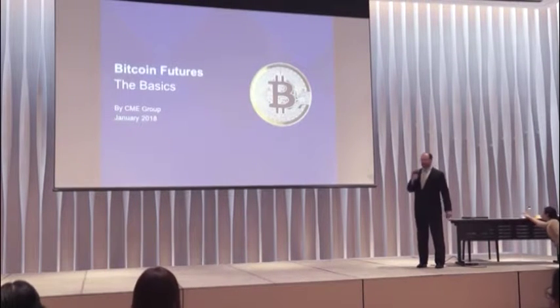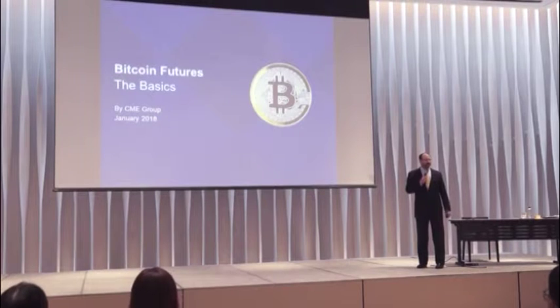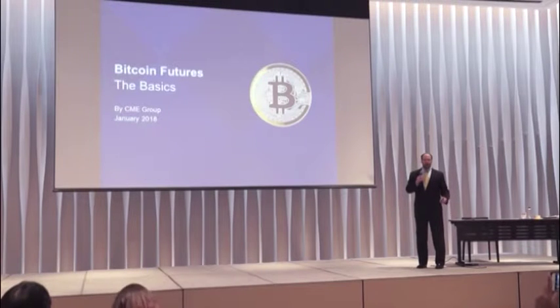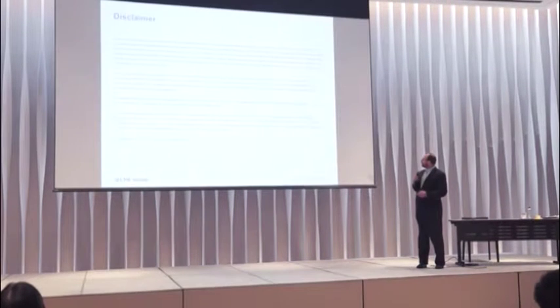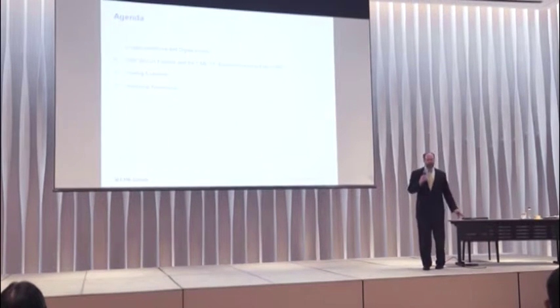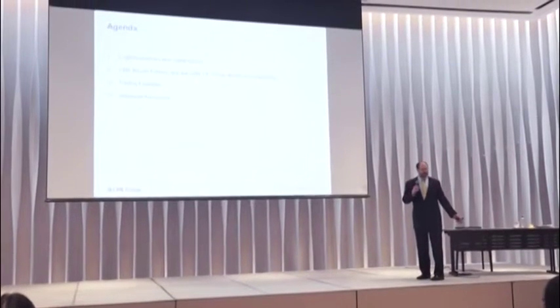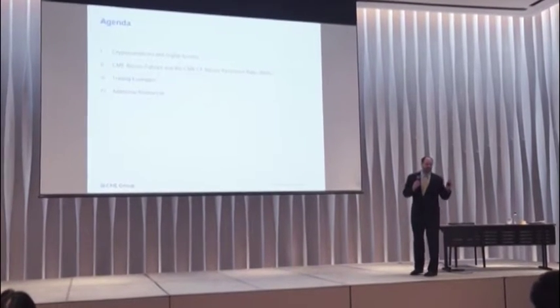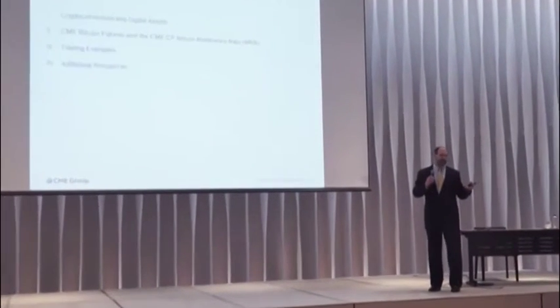You can see by the title of my presentation, I'm going to be discussing the newly launched Bitcoin futures. We're going to start by speaking in general terms about cryptocurrencies and other digital assets, and then gradually work ourselves down into the index that CME helped create called the Bitcoin reference rate, on which this futures contract is designed, and then give a couple of very general trading examples of how the contract might be used.